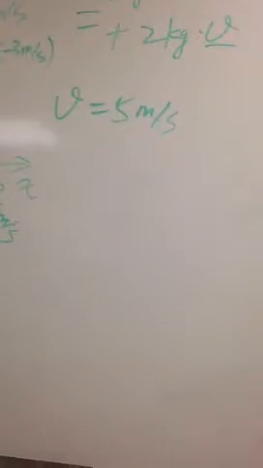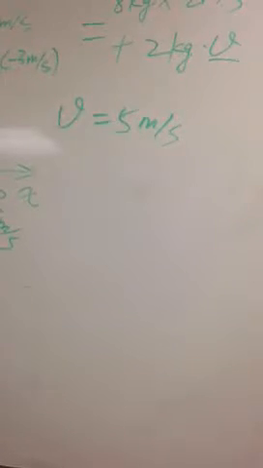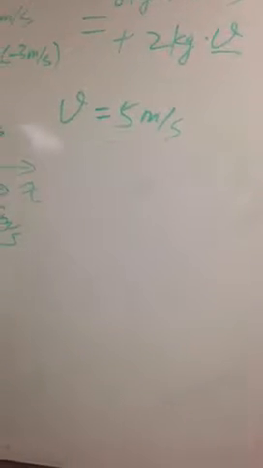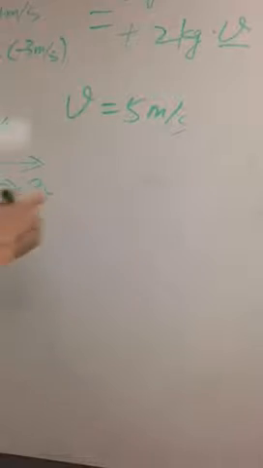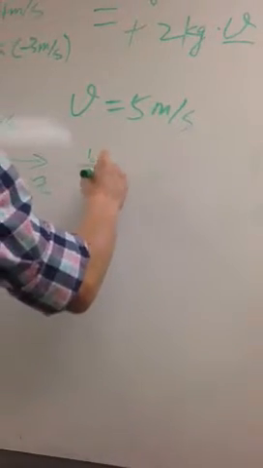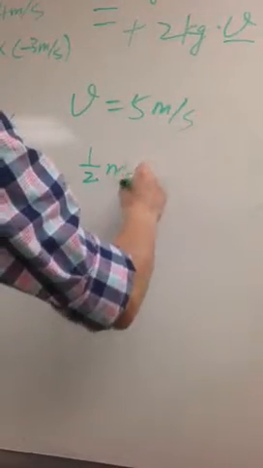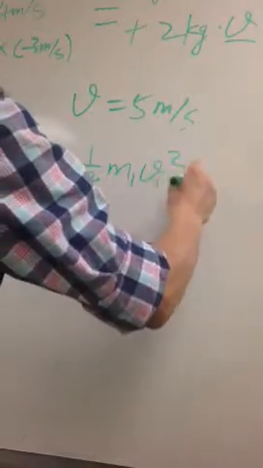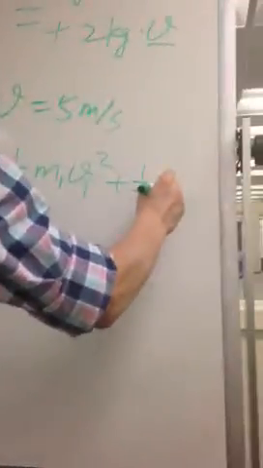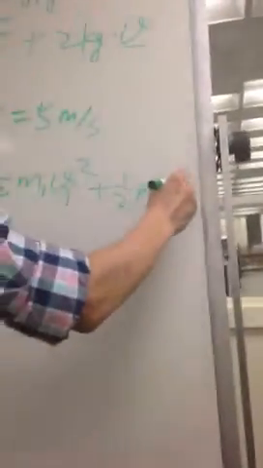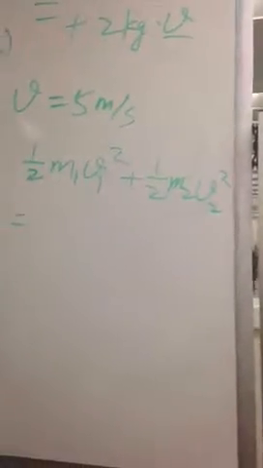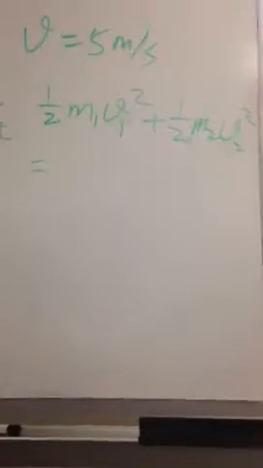The question is, what's the total kinetic energy of the whole system after collision? That will be 1/2 m1 v1 squared plus 1/2 m2 v2 squared, right? So the two kinetic energies added.